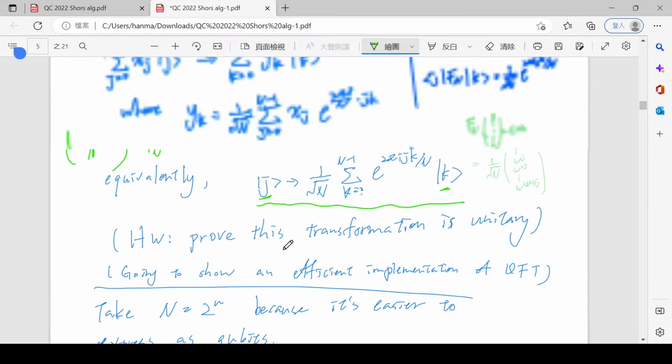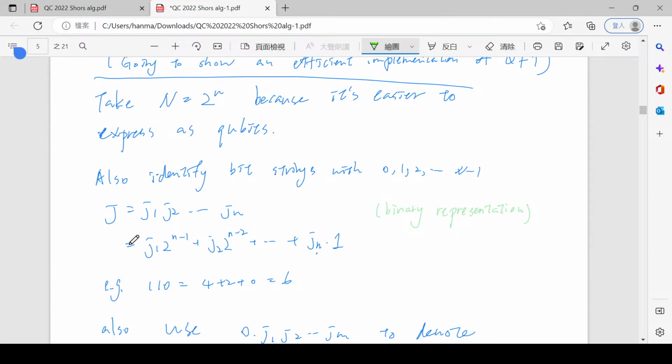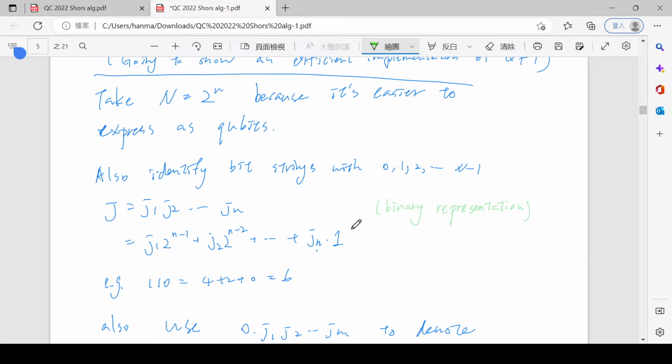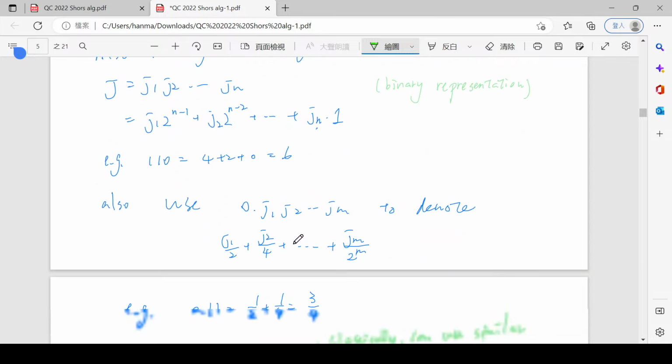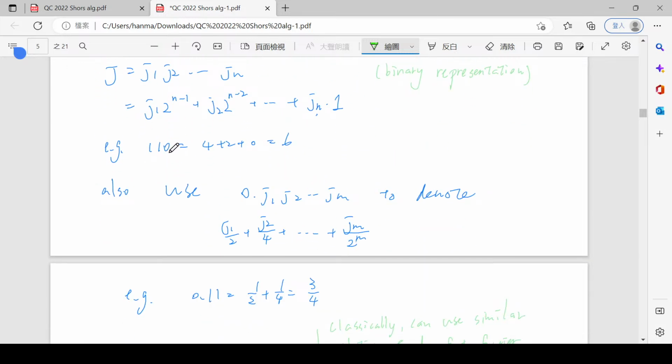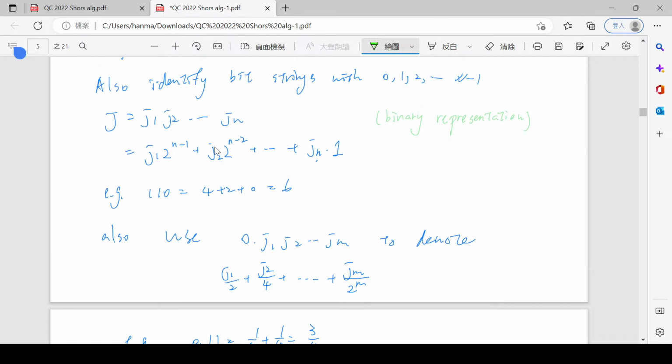And we want to write them in binary. As most of you should be computer science majors, you should be very familiar with this. So you can write a decimal number in binary representation. So those j1 to jn are a whole bunch of 0s and 1s. Okay, and it's like this. So 110 means 6. And it's actually the other way around. So this 110 is this j1, j2, j3, and this 6 is this j.